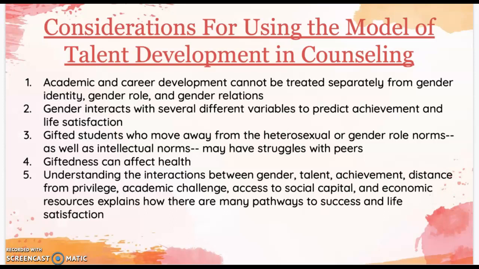Third, gifted students who diverge from the heterosexual or gender role norms, as well as intellectual norms, may face difficulties with peers that may require counselor intervention so that we can stop the bullying and promote their self-esteem early on. Fourth, giftedness also has implications for health.